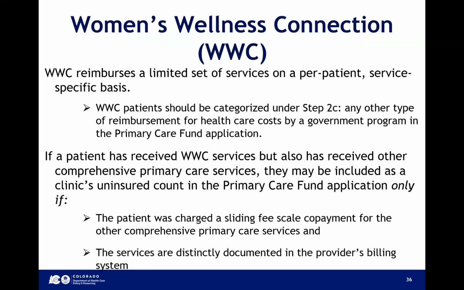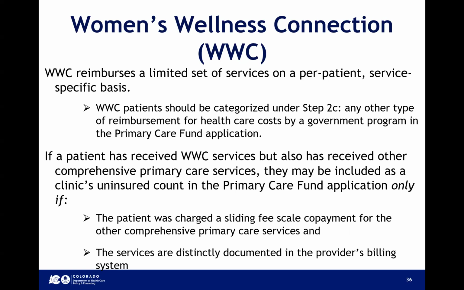Women's Wellness Connection reimburses a limited set of services on a per-patient service-specific basis. Therefore, WWC patients should be categorized under Step 2C, which is any other type of reimbursement for healthcare costs by a governmental program.